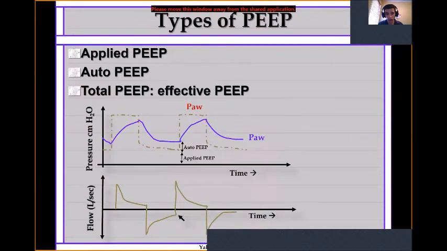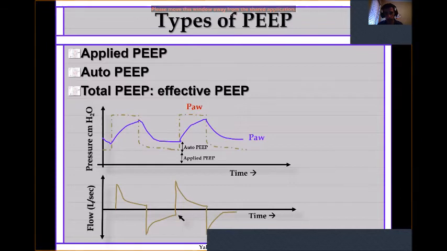And how do you know this is true? When you have a flow chart, and we'll talk about the flow chart, the flow should always go back to 0 before starting the next breath. And you can see here, it does not go back to 0 before the next breath started.